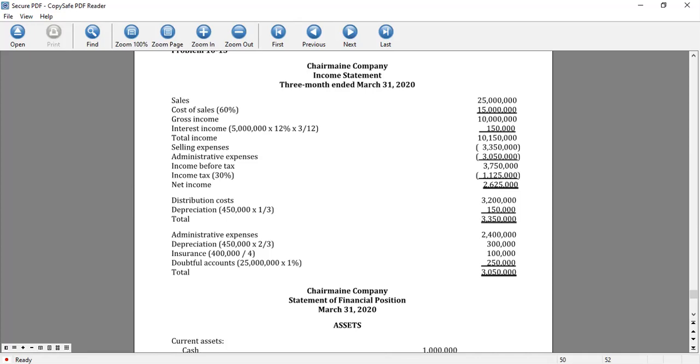But here we have the amount here, the income tax 30% based on the taxable income. So we have net income of 2,625,000. Now the distribution cost, that's given at 3.2 million, and then we are adding a depreciation.